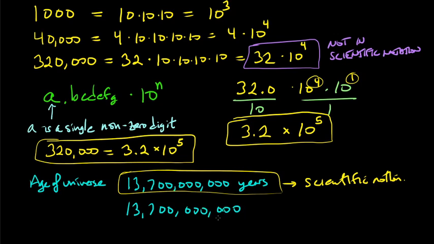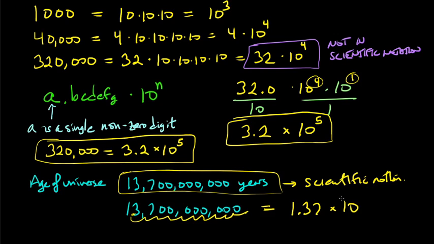I think I have enough zeros here. Yeah. So the decimal right now is at the end, way over here. So how many times do we need to move it? Well, we need to move it so that we get one digit in front. That digit would have to be the 1. So we're going to get 1.37 times 10 to what power? So just move the decimal: 1, 2, 3, 4, 5, 6, 7, 8, 9, 10.